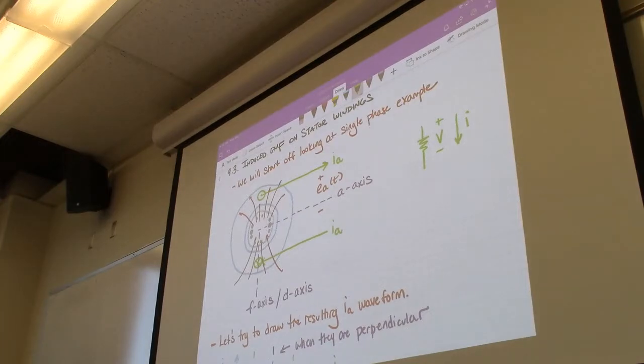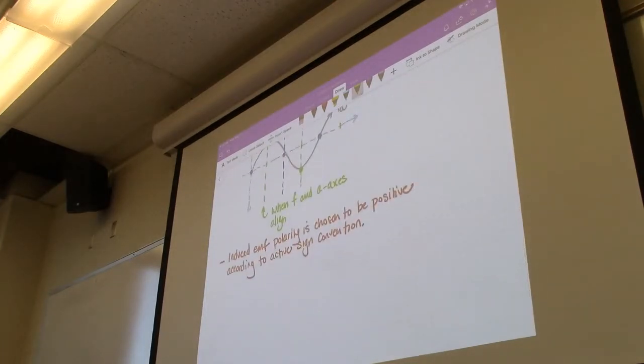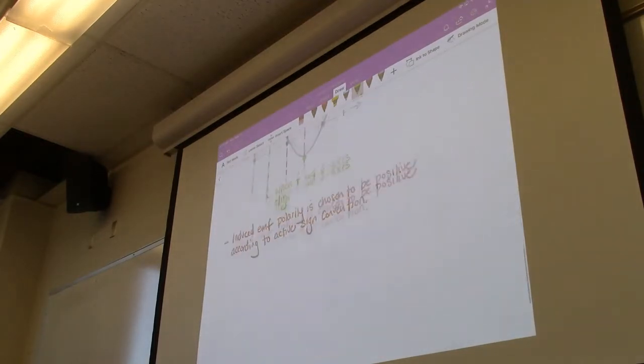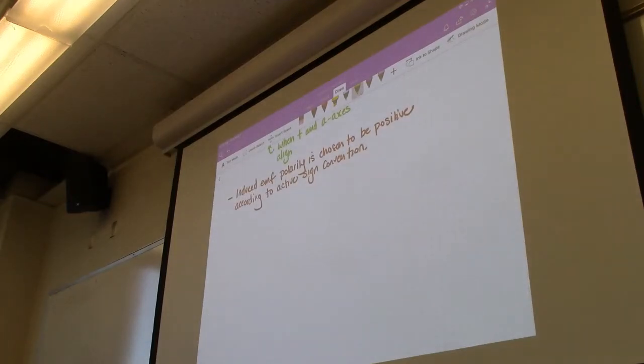It flows upward. So this active sign convention is what gives us the direction of EA(t). It shows that we have EA of t plus minus, and then we have the current flowing like that.